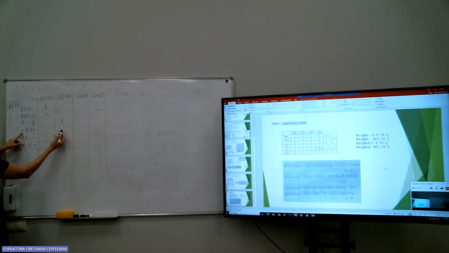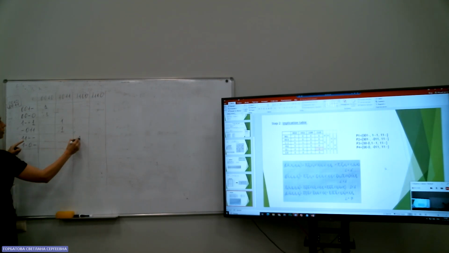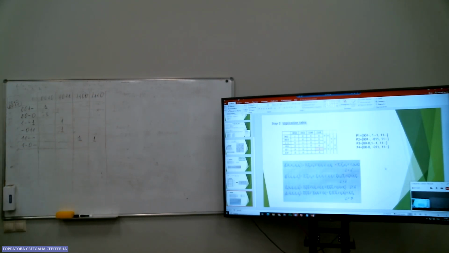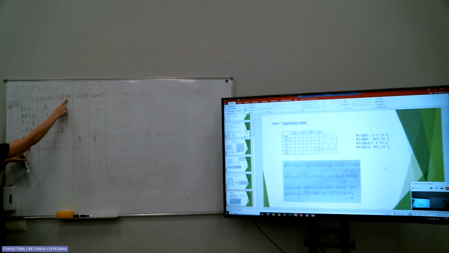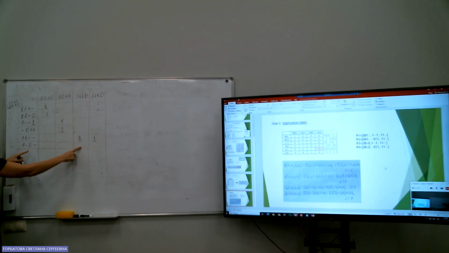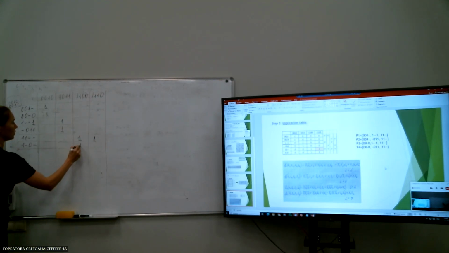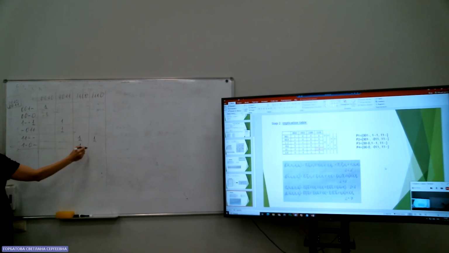Instead of dash, I can put 1 and it will be this point. 1, 0, 0, 0. The next. 0, 0, 1, 1, 1. Yeah. 0, 0, 0, 0, because of difference here. 1, 1, and 0, 0, 0, 0.